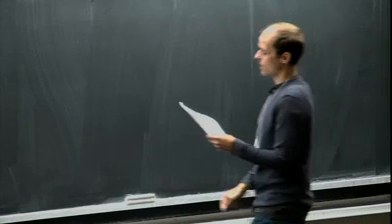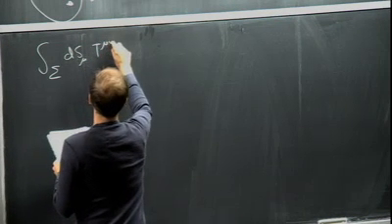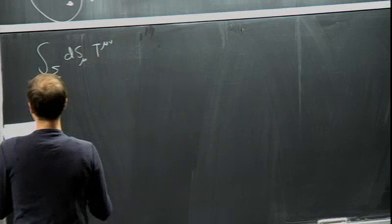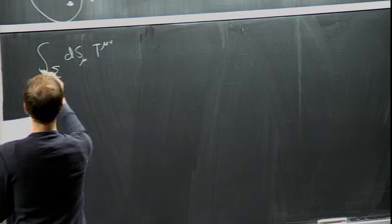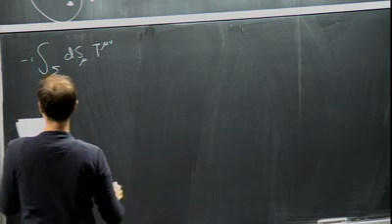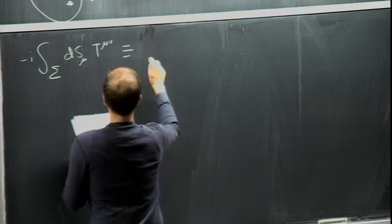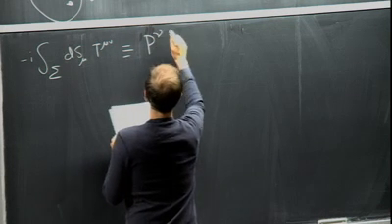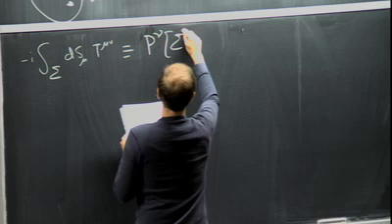I said we're talking about symmetries. Where do symmetries come in? It's natural to define this integral of T^{μν} over a surface. I'll put in a conventional factor of minus i. Let's define this to be something called P_ν, and it depends on the surface sigma.